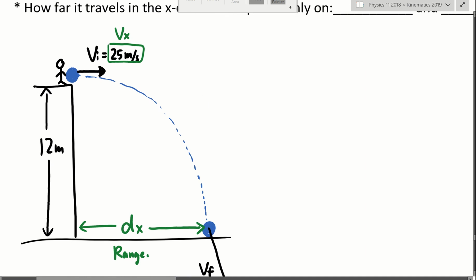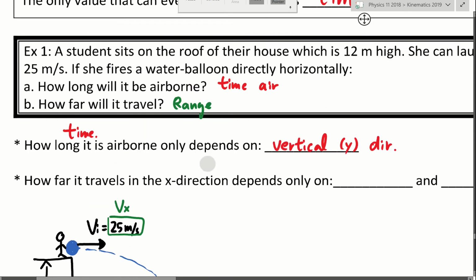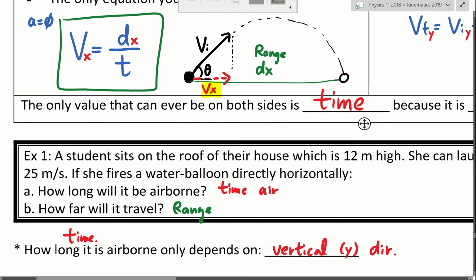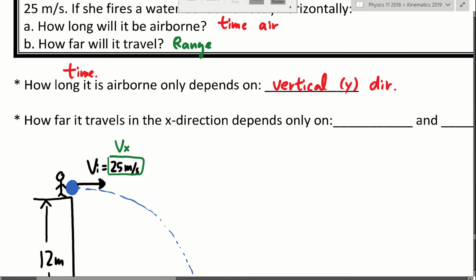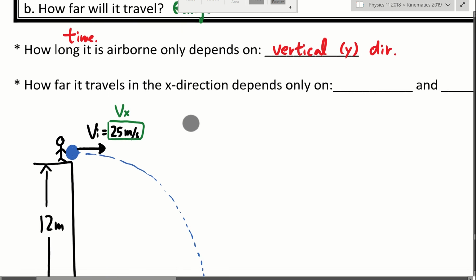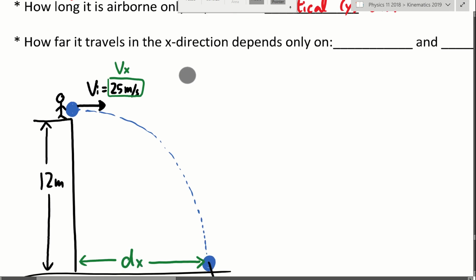I want horizontal distance and I have horizontal speed. Oh, let me go up to the equation. Oh yeah, I can find this if I have time, right? So you look at that equation, it only has 3 things on it. Horizontal speed, which we have, that's our initial speed, is only horizontal, and it will remain exactly the same throughout the entire fall.